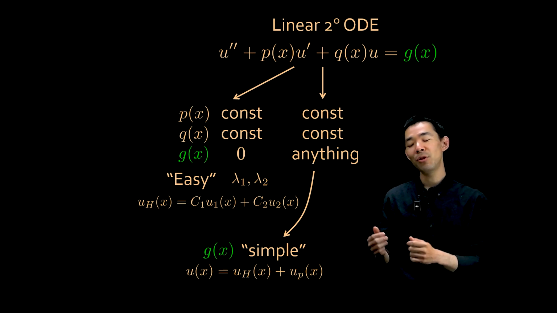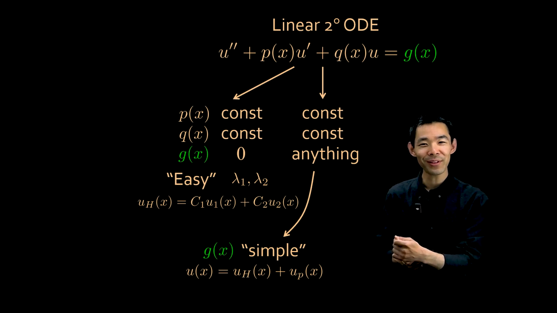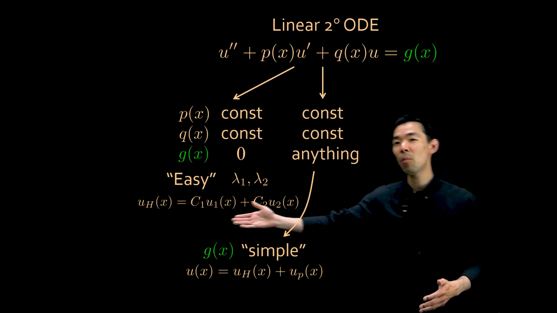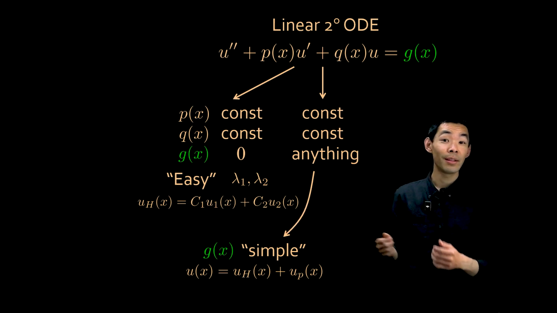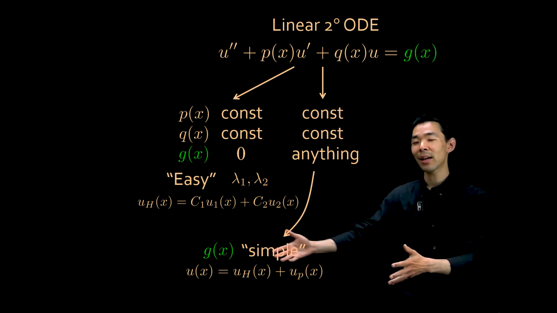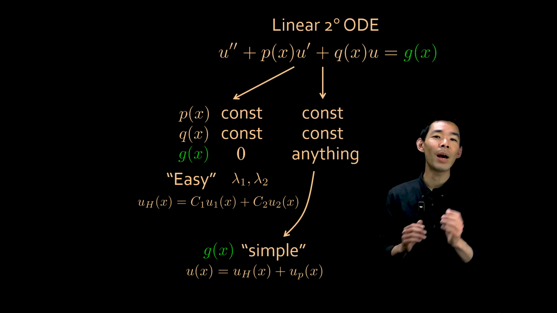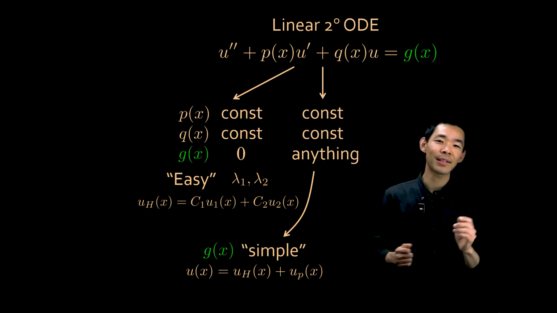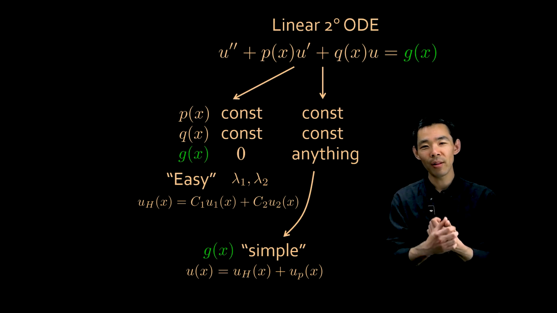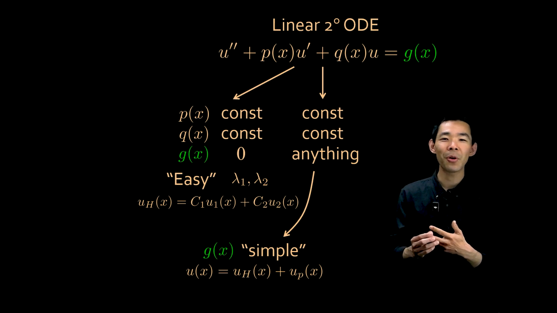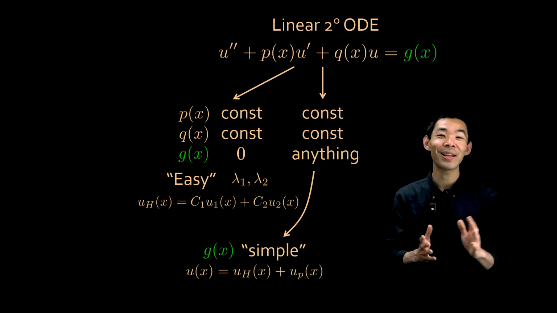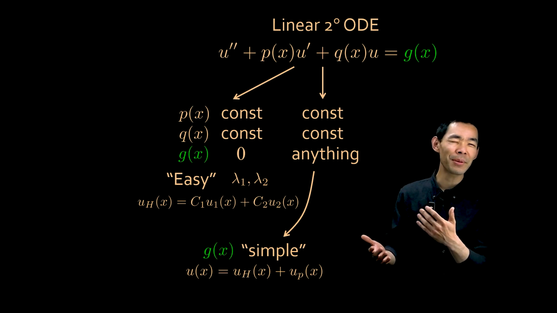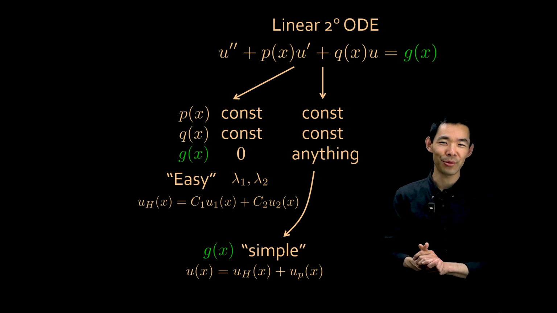In that case, you could use the method of undetermined coefficients to obtain a particular solution, combine it with your homogeneous solution, and boom, out comes your solution. Now, when g of x was not simple, if it were not a polynomial, sine, cosine, or exponential, then you had variation of parameters as your guide, and although the algebra and calculus were a little bit more cumbersome, you can still obtain a particular solution.